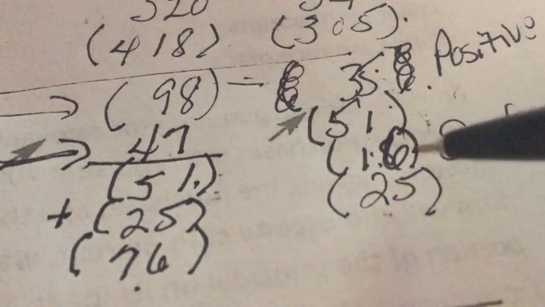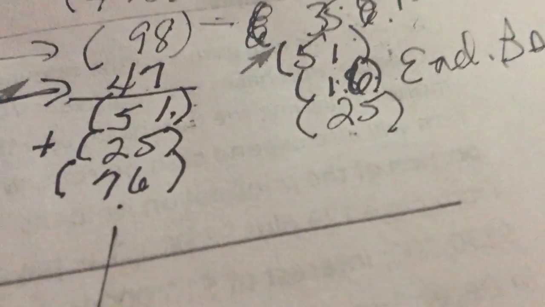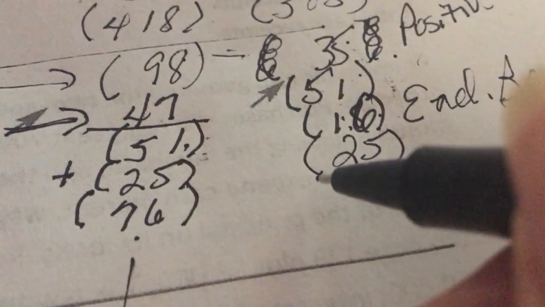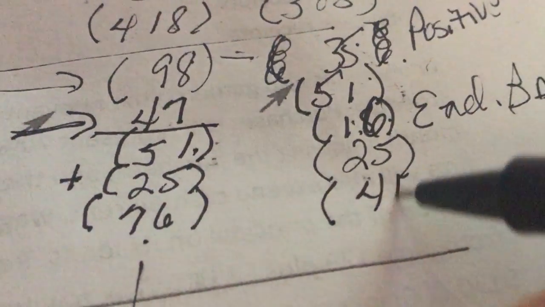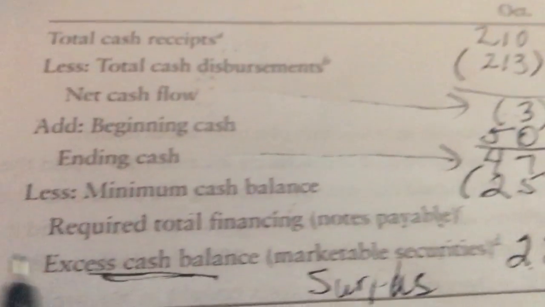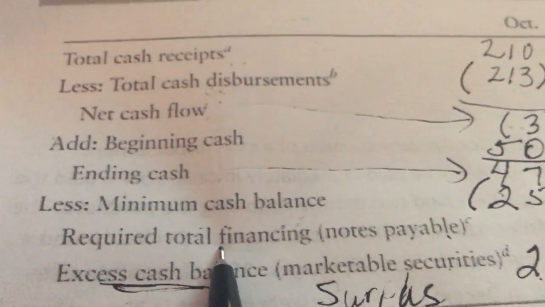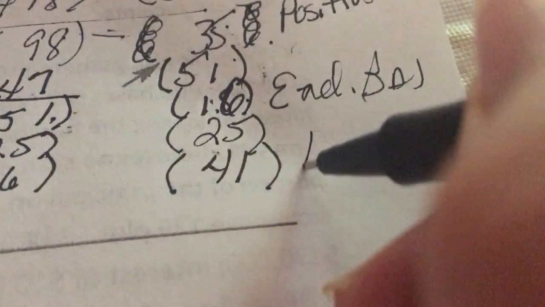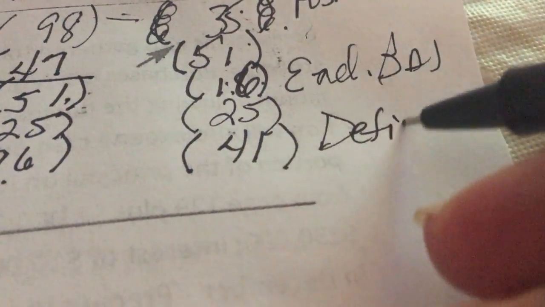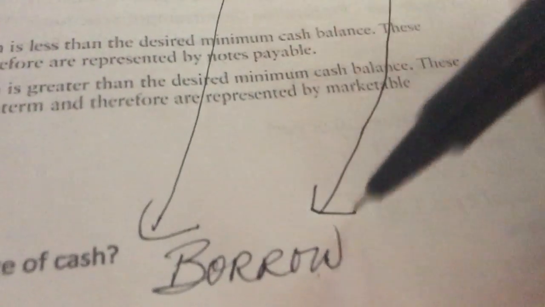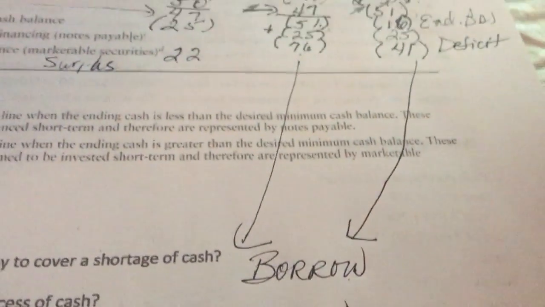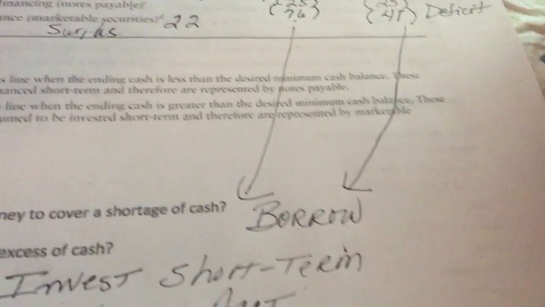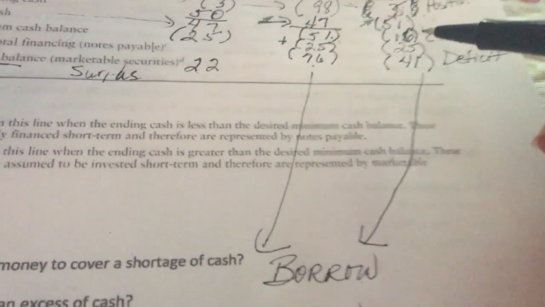So -16, -25 means that you have a $41,000 required financing, which is called a deficit here. And they told us we would have one in these 2 months. Again, if you want to keep that budgeted amount as a deficit, you're going to have to borrow to cover it, or you could go and adjust your budget.